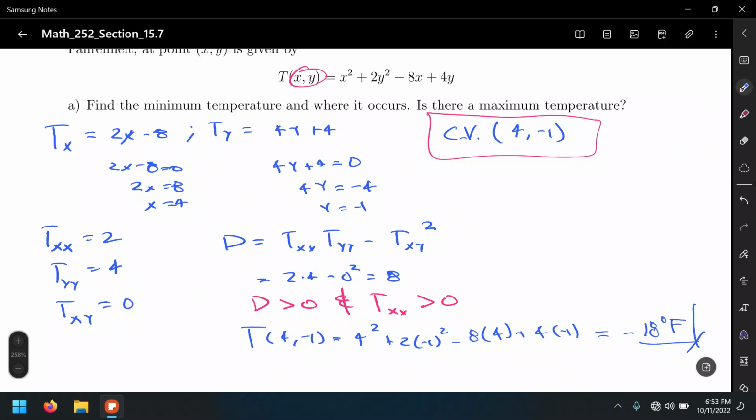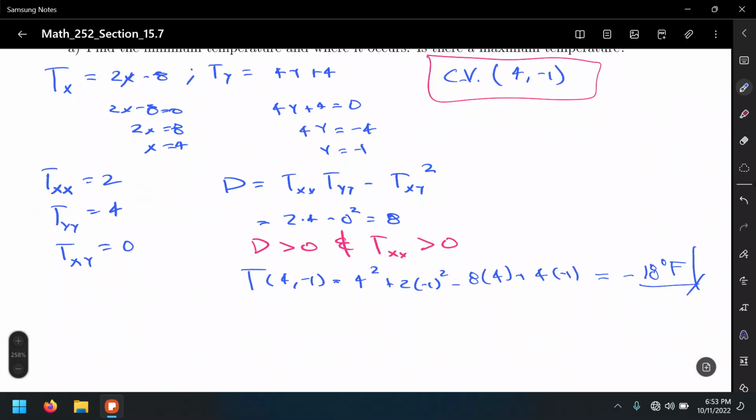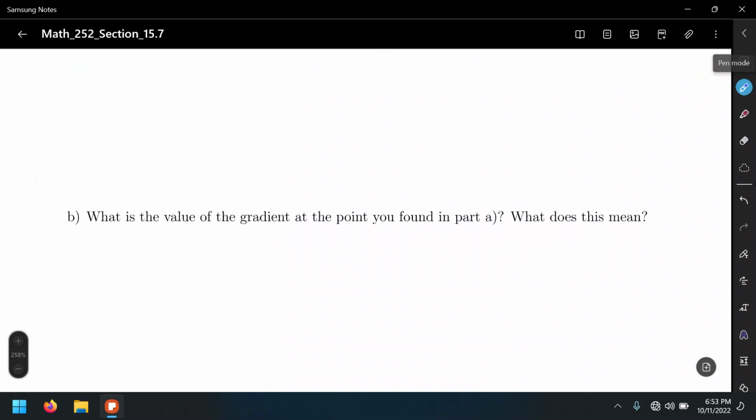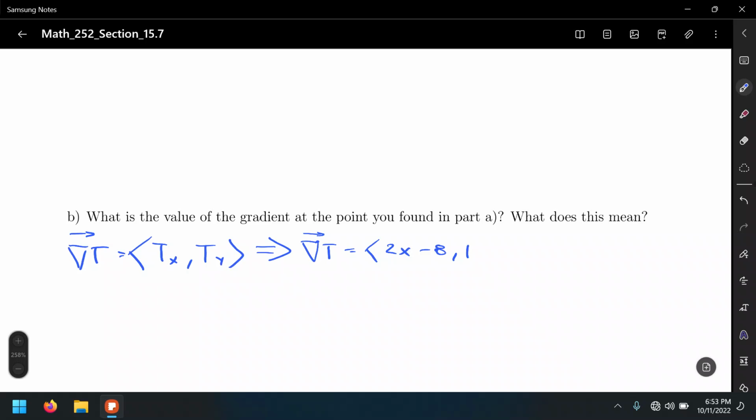Now let's see. What is the value of the gradient at the point you found in part A? Well, let's find the gradient. In fact, we don't even need to find it. Nabla of t is t sub x, t sub y. We already found the first partial derivatives, so nabla of t equals (2x minus 8, 4y plus 4).